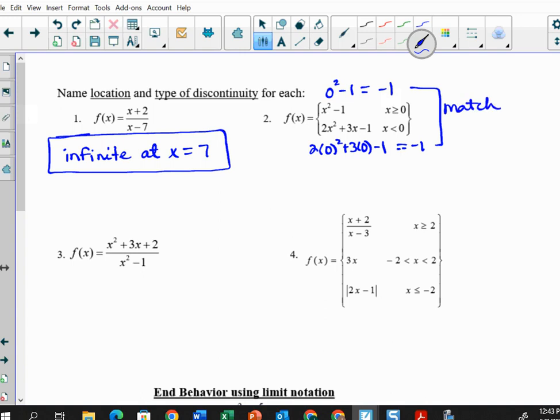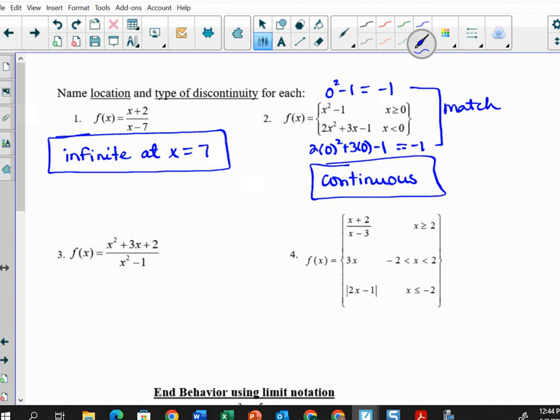What does that mean? No jump, no discontinuity, or you can just write that this is continuous. Questions on 1 or 2?